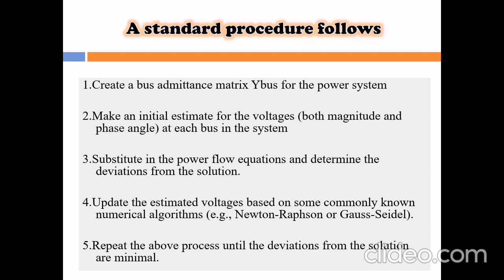Again, substitute for the next updation. Likewise, it is to be continued till you get the error exactly 0. If that error becomes 0, that means the deviation between previous value and present value is 0, that is called the convergence of the system. That is the perfect solution of the system.